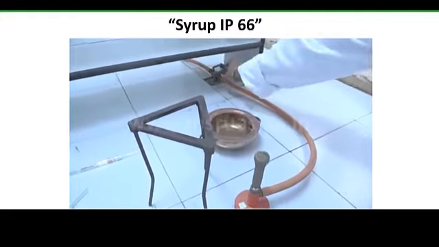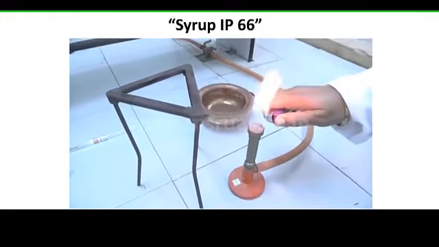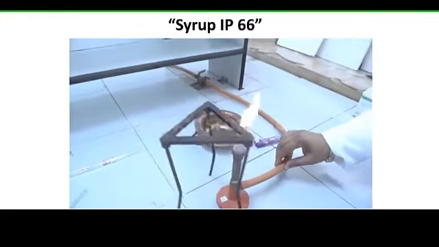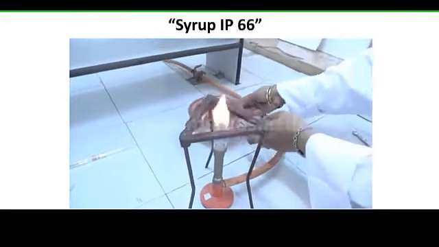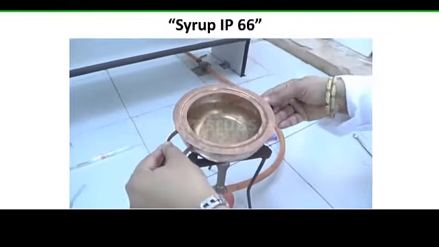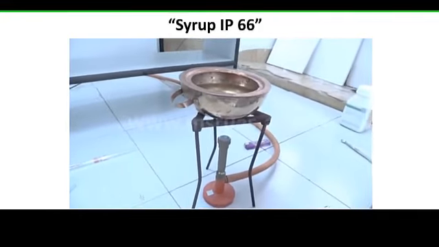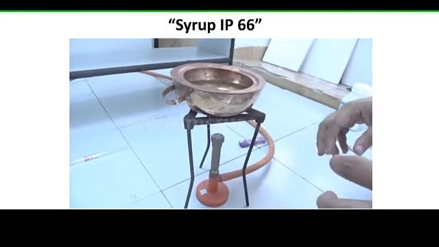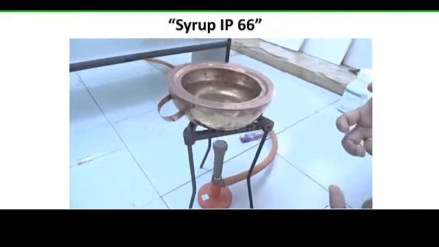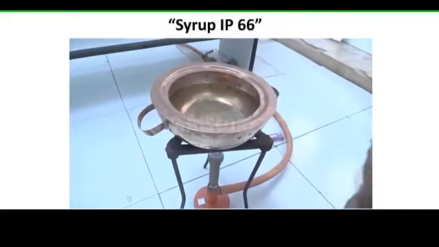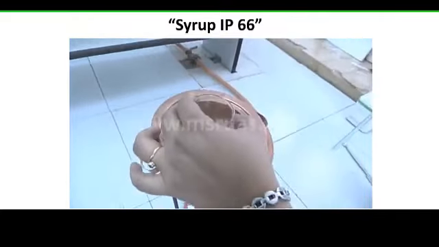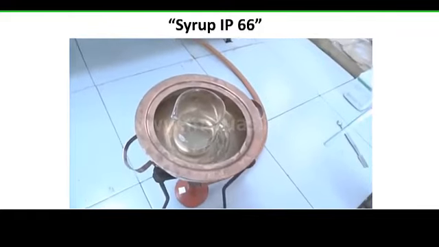Now let us light the burner. Keep a water bath on a tripod stand and allow the water to heat up. Once the water is heated up, place the weighed ingredients inside the water bath.